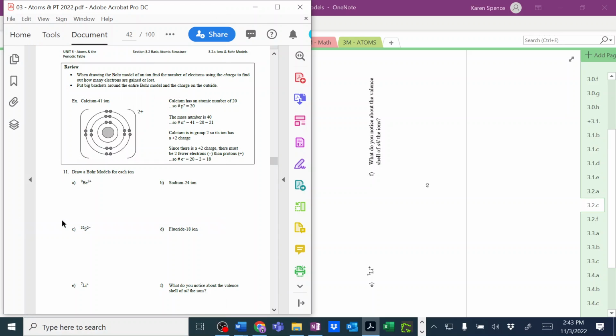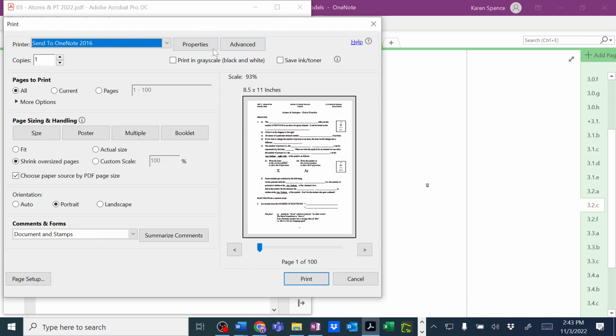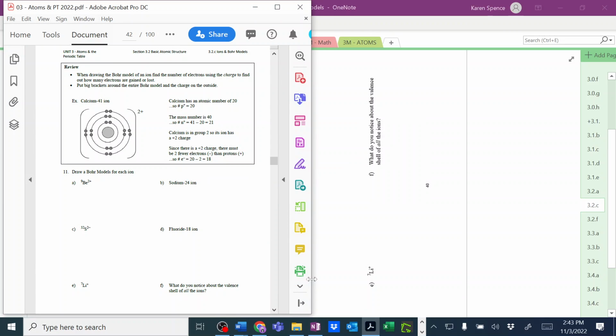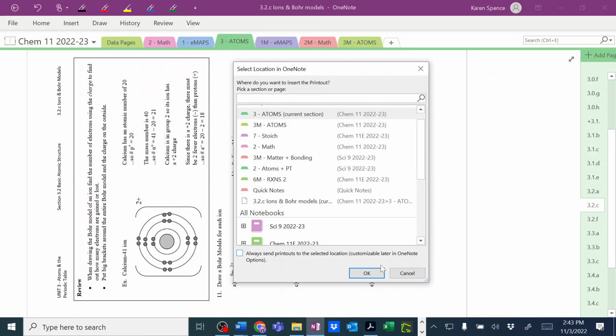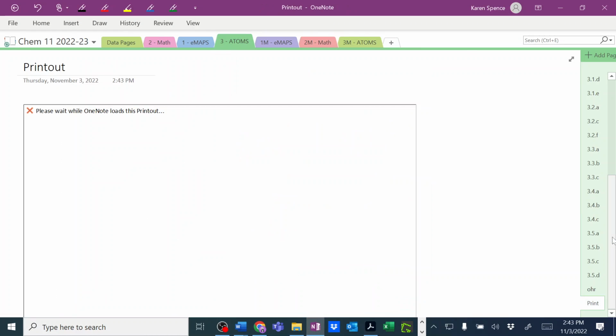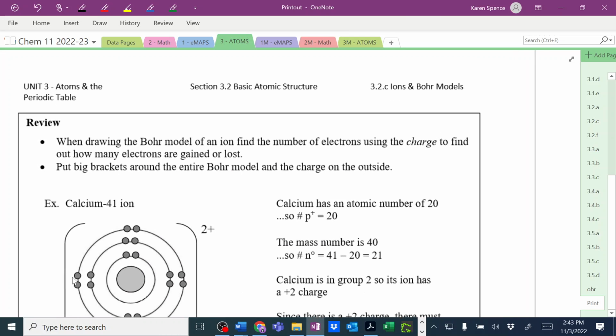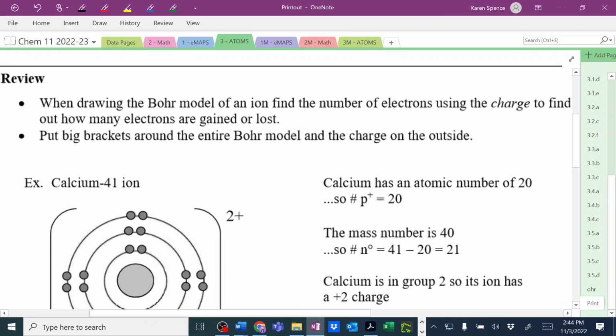File, print. Page, current page. Print. Lordy. Okay. Whew. Okay.